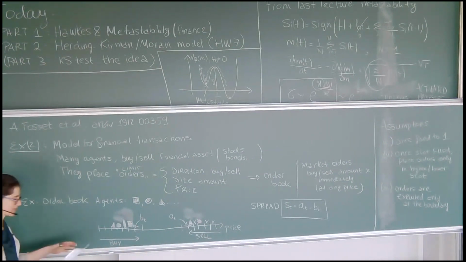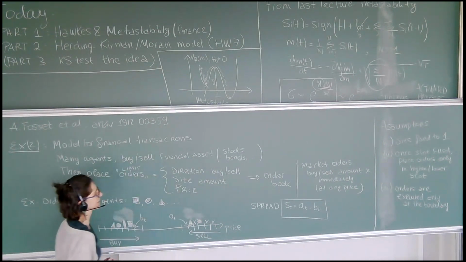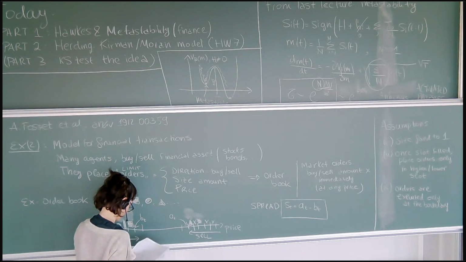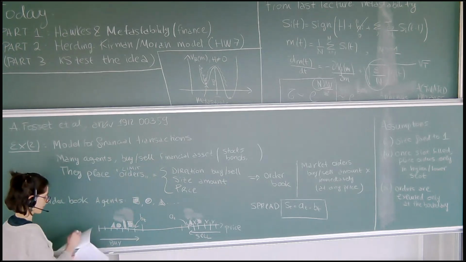Okay, so I hope this was more or less clear, and now we are going to write formulas, so maybe it will become even more clear, but if you have questions, don't hesitate to stop me.